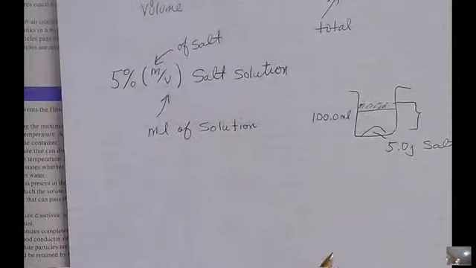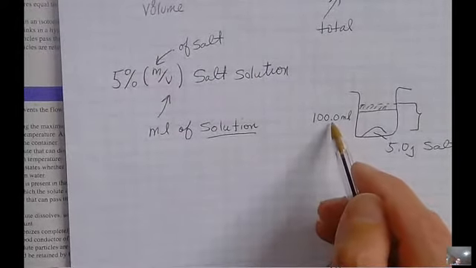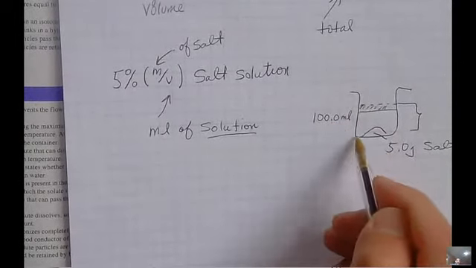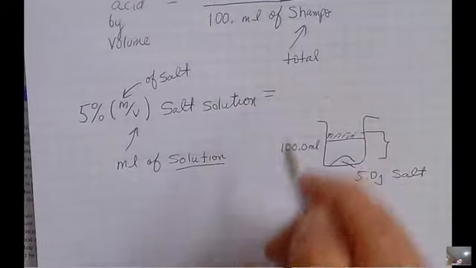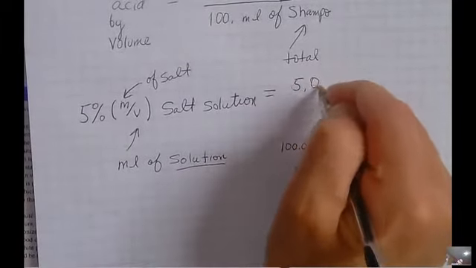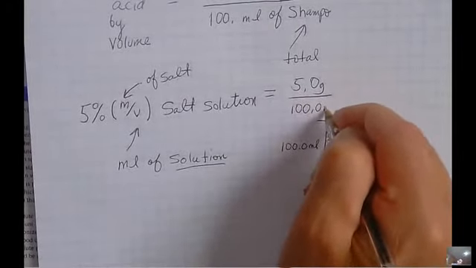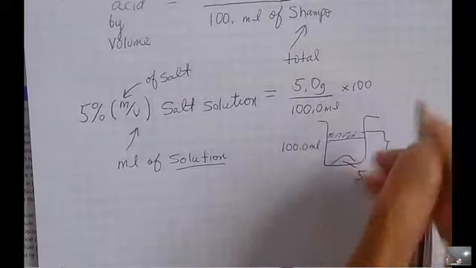Again, the denominator is the volume of the whole thing, of the solution. That's the water and this, okay? So you want to bring the volume up to 100 milliliters. So if I do that, I would take my 5 grams, divide it by 100.0 milliliters of solution, times 100 to make a percent.